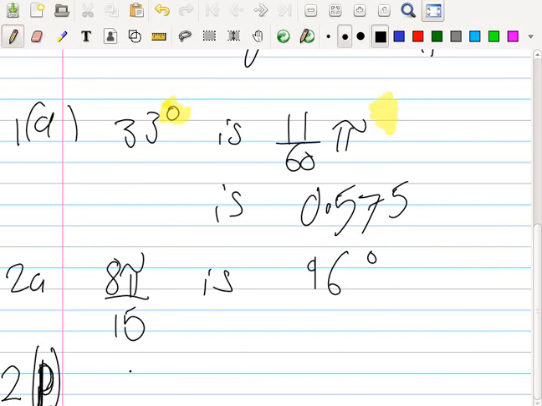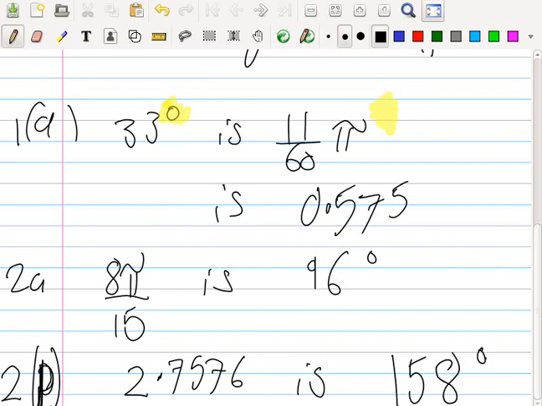Tell me what that is. 2p is 2.7576 radians. 157.99. So 158 we'll say. Degrees.